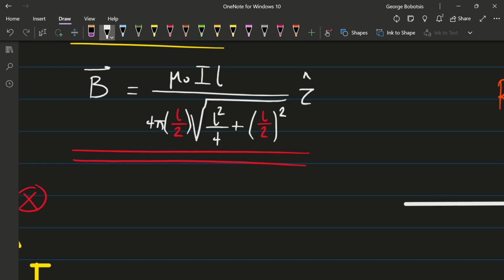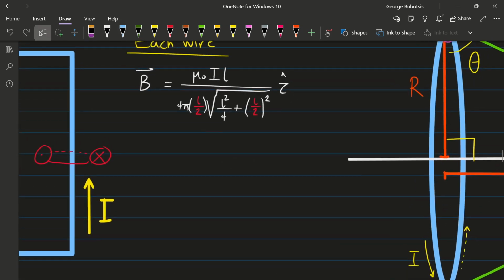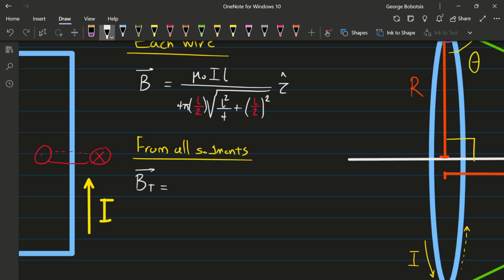All right, so this is the B of each segment. And you can imagine here, from all segments, you just have to multiply this result by 4, because all of them are aiming in the same direction when it comes to point P. So B total is 4 mu naught I L over, I guess here you can cancel a little bit.